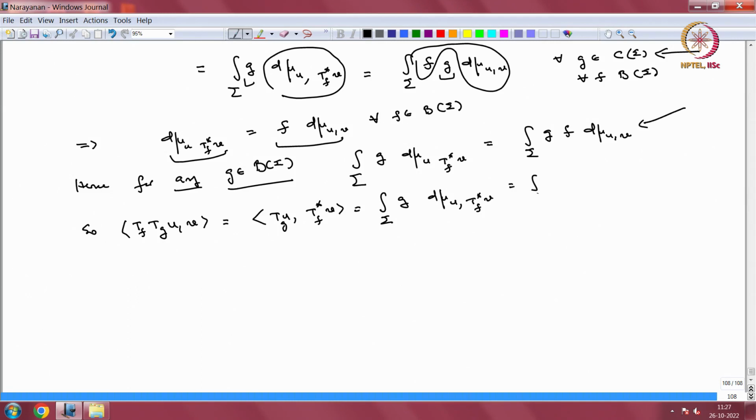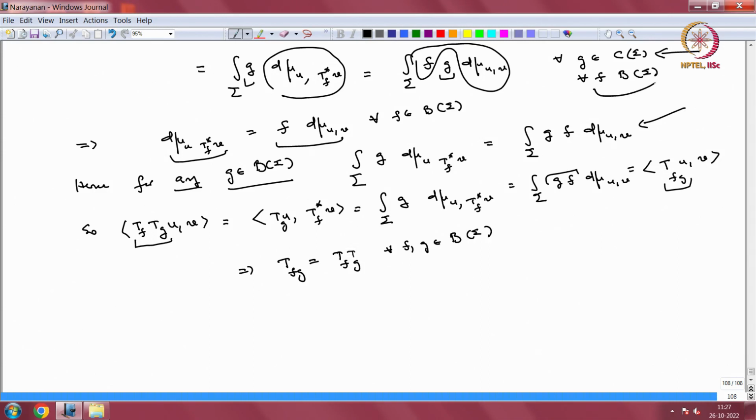So, this is equal to the integral over sigma of G f d mu_{u,v}, right, which by definition is <T_{fg} u, v>, right. So, I started with <T_f T_g u, v> and ended up with <T_{fg} u, v>. Okay. So, T_f T_g equals T_{fg} for every f and g in bounded functions, right. Now, I had changed f to bounded functions and g also to bounded functions, right. So, that proves it. Okay.